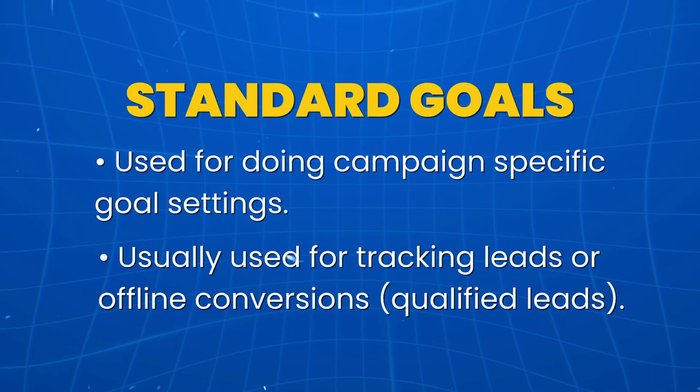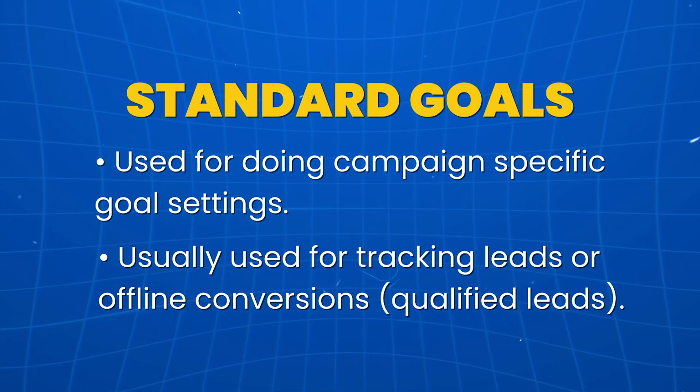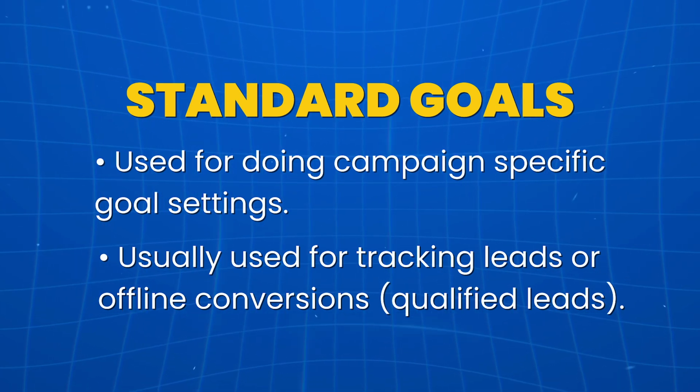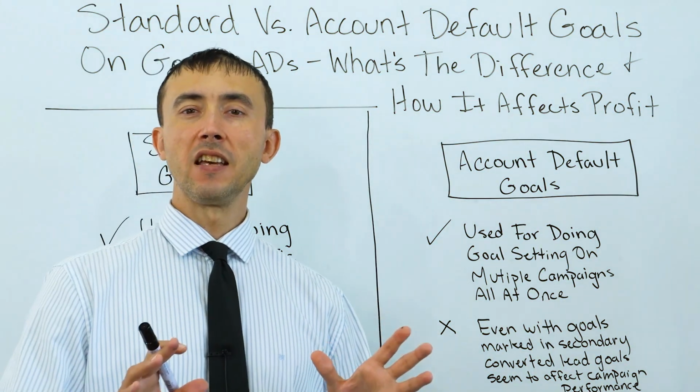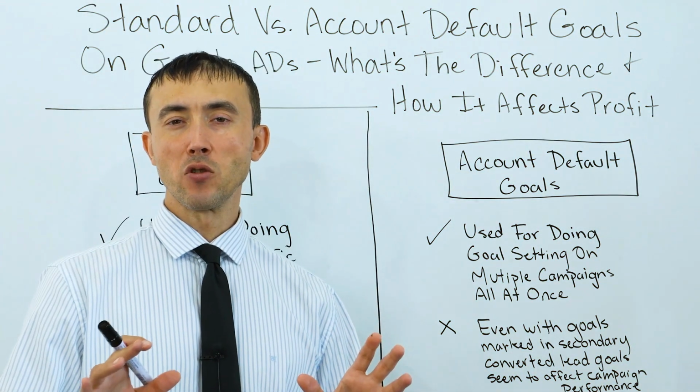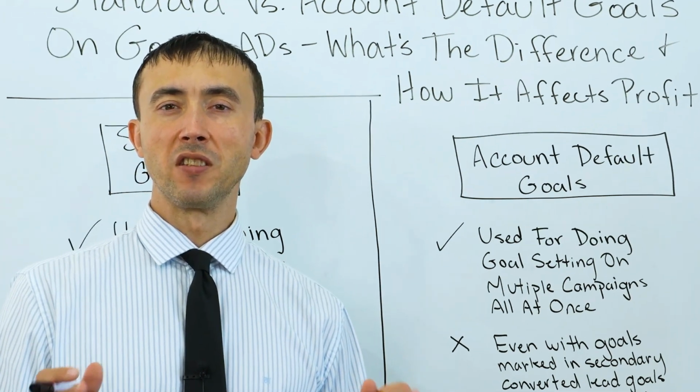And then also with standard goals, usually they're used for tracking leads or offline conversions, specifically qualified leads. The reason for that is, and this is also just not true all the time, but usually the number one thing that you want to optimize for is sales revenue.